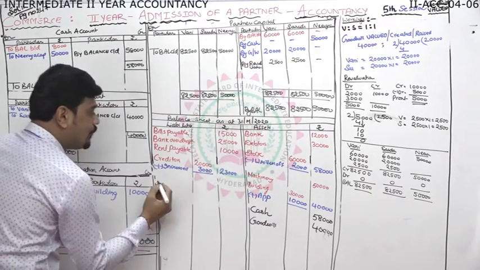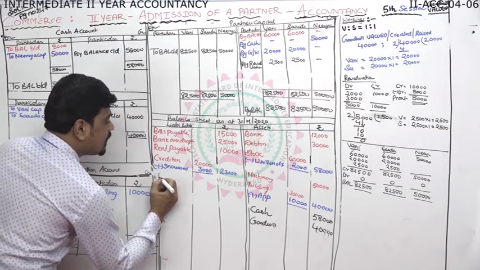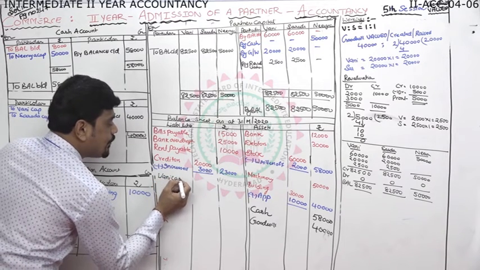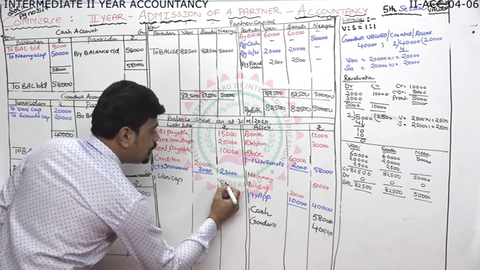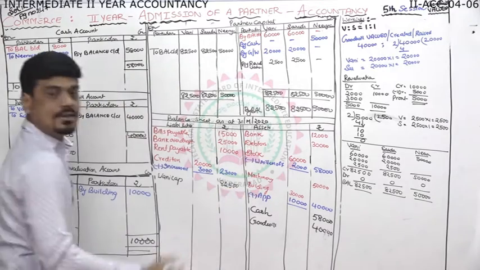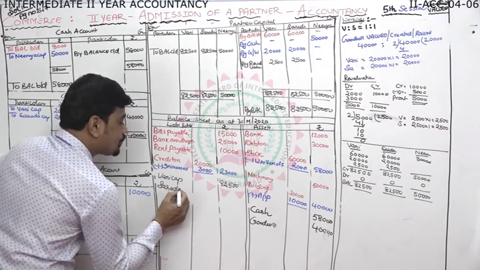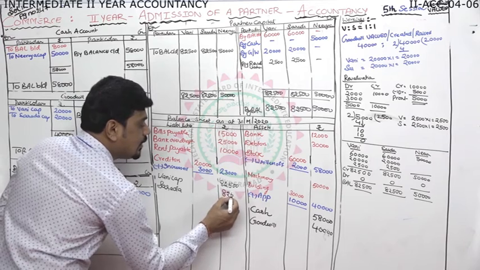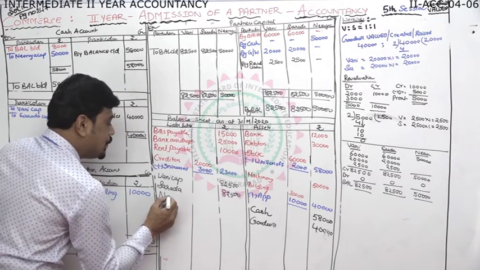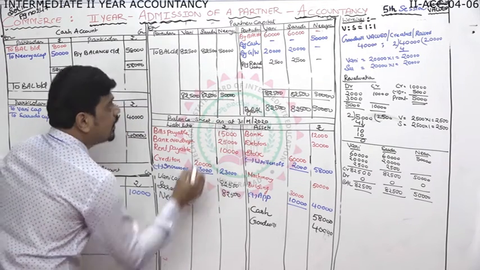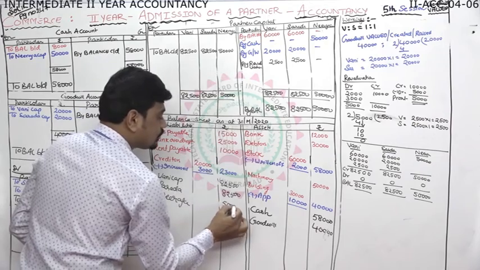So we'll come to balance sheet. First is Vani capital. How much is Vani's capital? 82,500. Second partner Sharda 82,500 and new partner Neeraja 50,000.